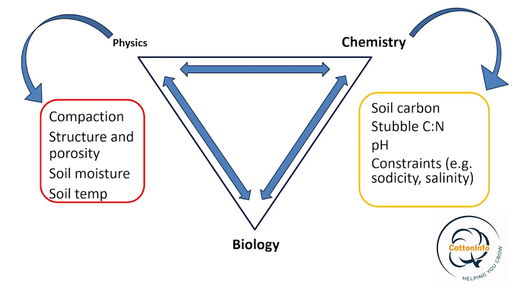If we move to chemistry and we talk about our soil carbon again and our organic matter, that's our microbe food. So if we're thinking about what's happened with our farming systems, maybe we've got a big stubble load, but not all stubble's created equal or created the same. And this is where we talk about our carbon to nitrogen ratio.